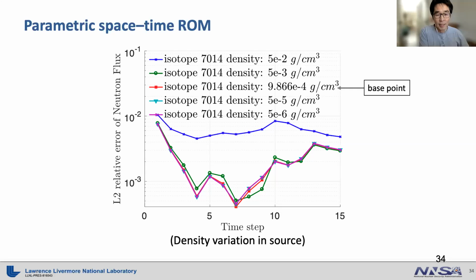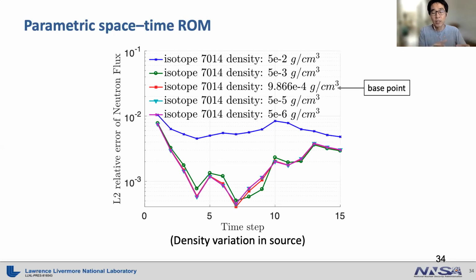Right. If the time domain is big, you also have to resolve very small scales. That's a problem. Yes, that's a very good point. Although we haven't tried it, there are a couple of options. You can combine this space-time reduced model with the time windowing approach I previously introduced.